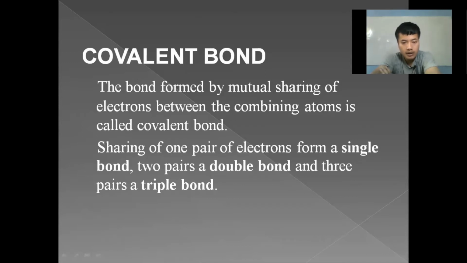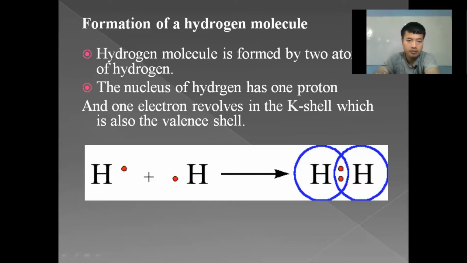Sharing of one pair of electrons forms a single bond. For example, when atoms share only one electron each, it is known as single bond. When two pairs of electrons are shared, it is known as double bond. And 3 pairs, a triple bond.